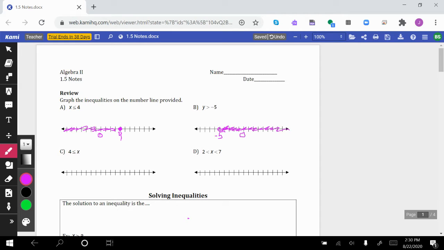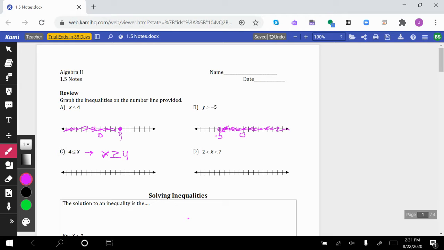For C, first things first, let's reflect our inequality so that it's something that we're more comfortable reading. We're going to make it x is greater than or equal to 4. We always want to go left to right when we're graphing and reading inequalities.